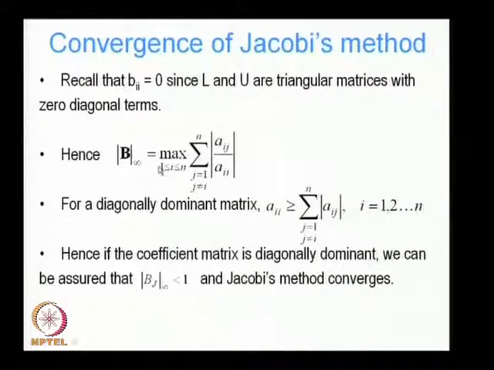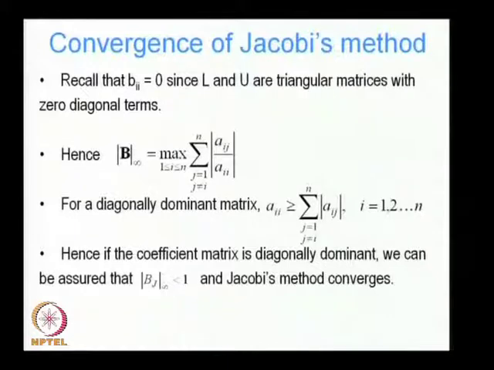So, if my coefficient matrix A is diagonally dominant, that means that this is always going to be less than 1, because the absolute value of each diagonal term is going to be greater than the sum of the absolute values of each of the off diagonal terms.